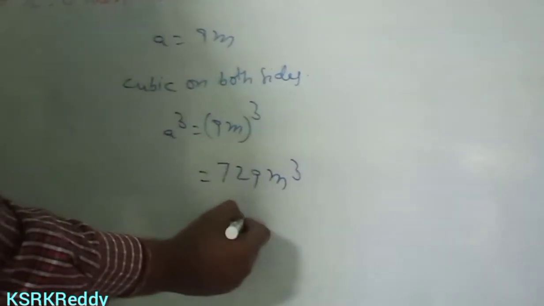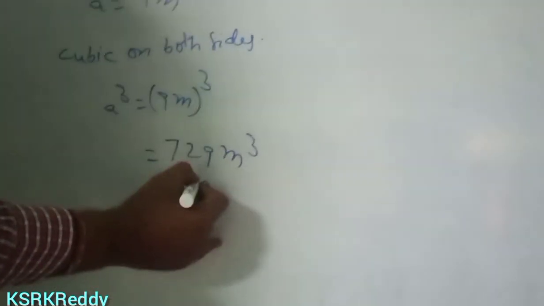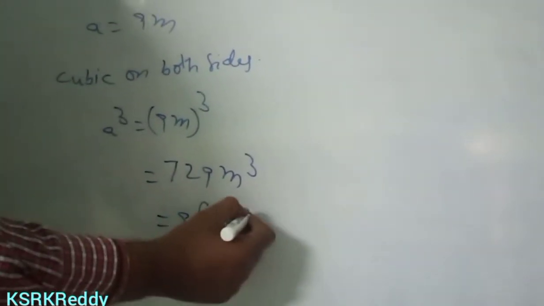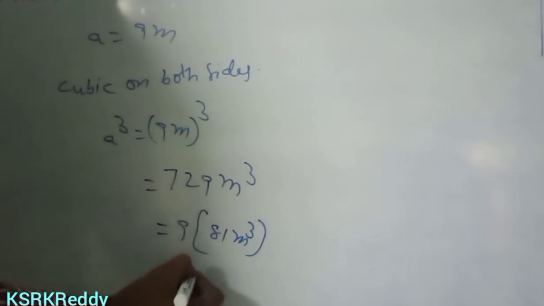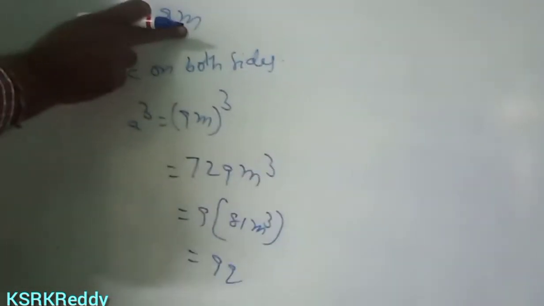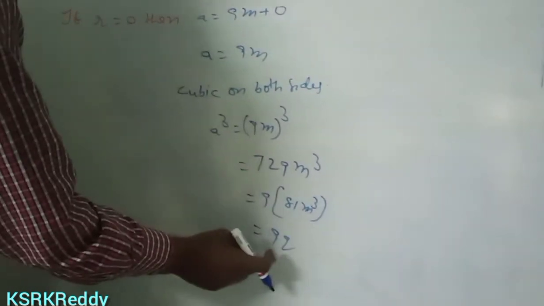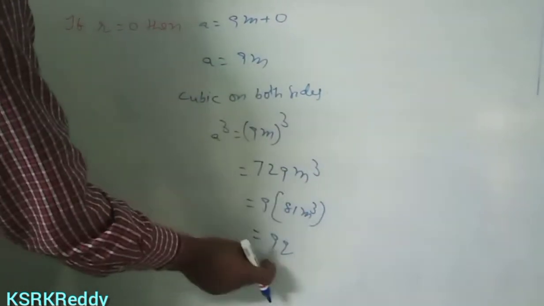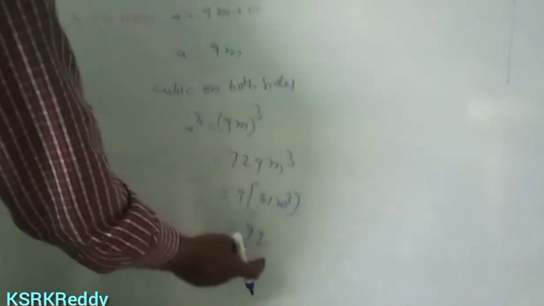So 9 is common, 9 how many times? 81 times, 81 m cube. So that is equal to 9 cube. So a is equal to 9m, and cubing on both sides is also 9 cube, 9m and 9 cube, the same value.